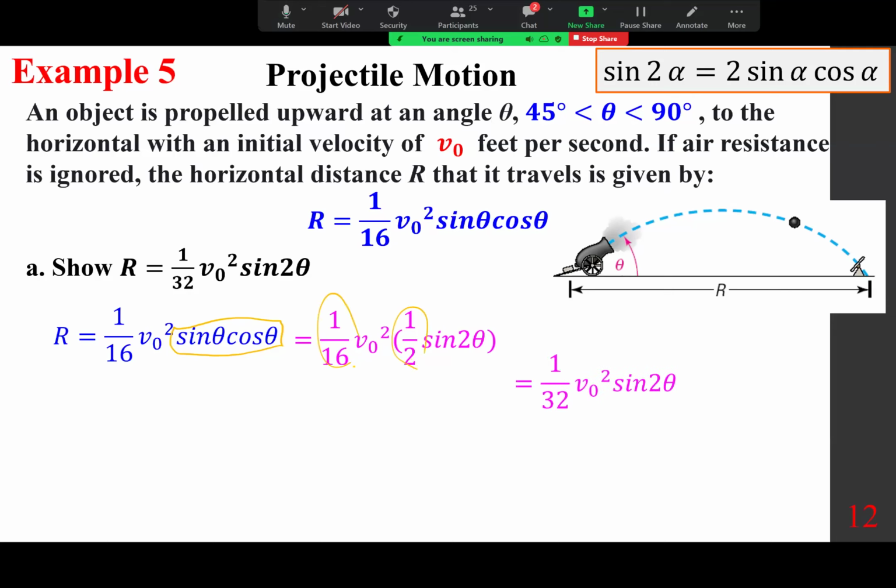The product of these two is 1/32. And it's a very simple proof.